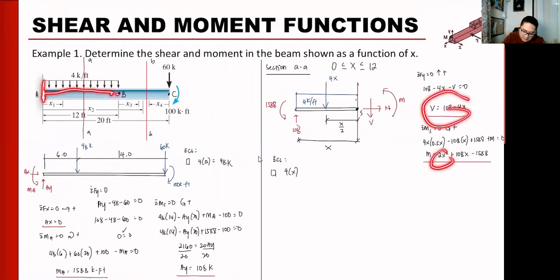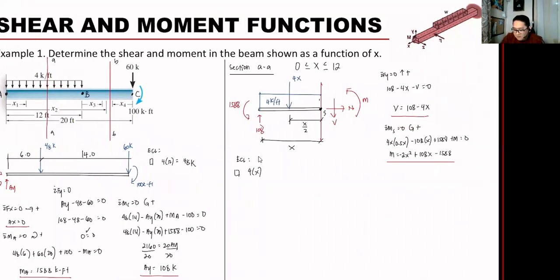So kung halimbawa pinakuha ko is at 8 feet, no? Ano yung magiging value ng internal force natin at 8 feet? Ang gagawin nyo, sa-substitute nyo yung 8 feet dun sa value ng x dito sa formula. Then makukuha nyo na yung V at saka yung M. So hindi na kayo kailangan maggawa ng free body diagram pa ulit for another cut. Okay? So basically ito, again, pwede siya kung saan mo siya segment kinat.